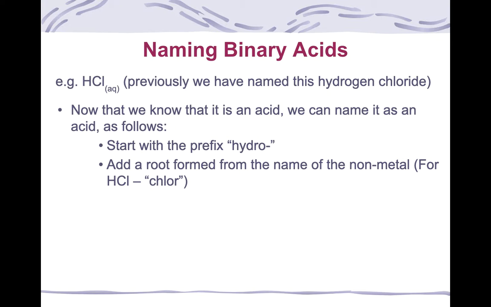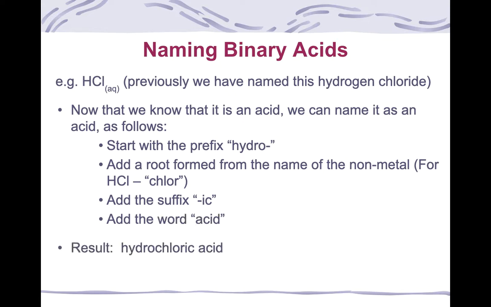For HCl, it's chlorine, so we have chlor. If it was bromine, we would have brom. If it was nitrogen, we'd have nitra. Then you add the suffix ic and the word acid. So hydrogen chloride becomes hydrochloric acid.